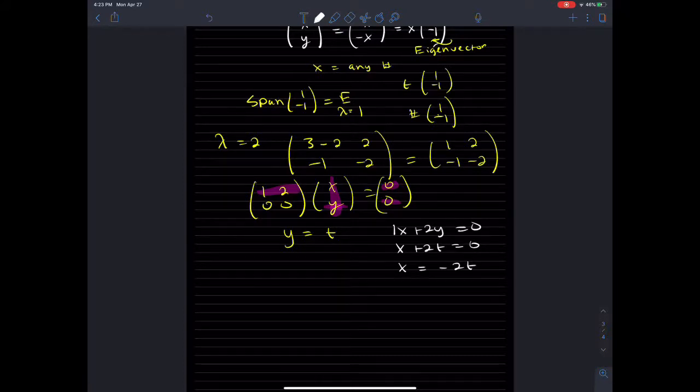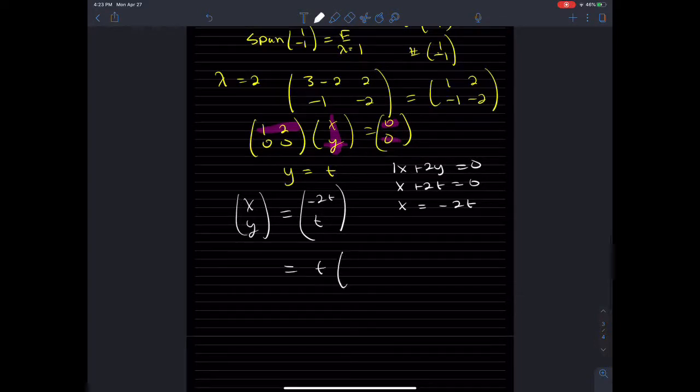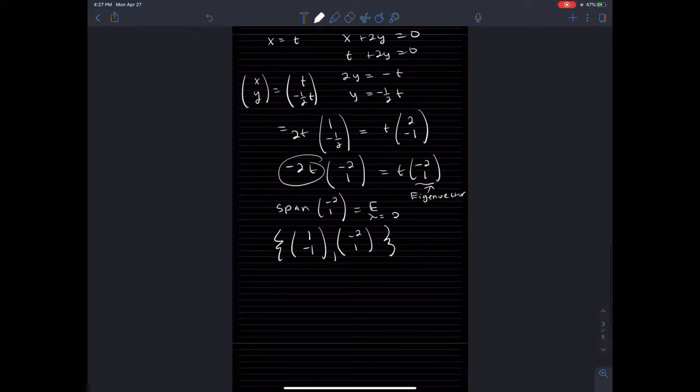And that's good because now I have x, y is t, and x is minus 2t. You can start from the top too, call x equals t and go downwards, but I like doing it this way. So now I can see my t times minus 2, 1. And that's it.